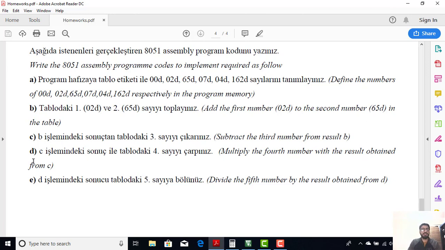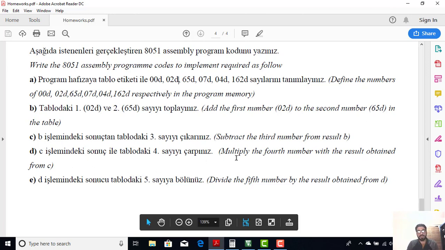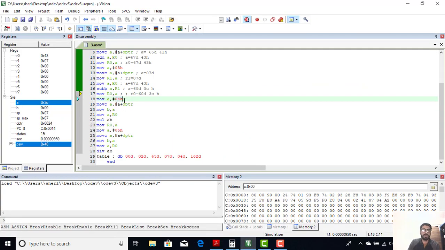So first of all, we need to pick the fourth. How can we do this? We give the accumulator the data and then put it in the table, which means again A is going to be equal to 0, 1, 2, 3, 4, and 04 in decimal, the same as hex.